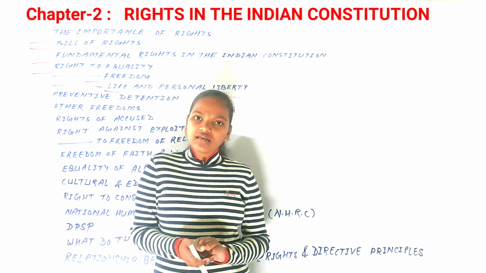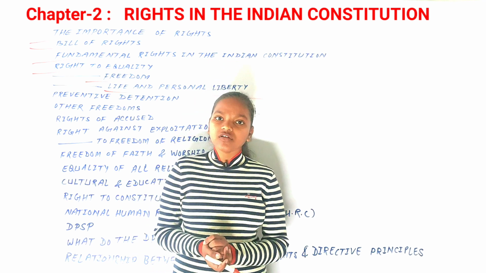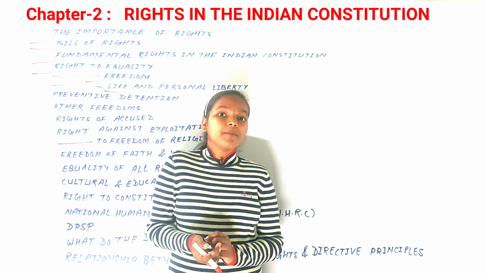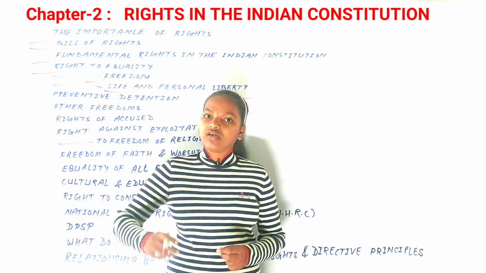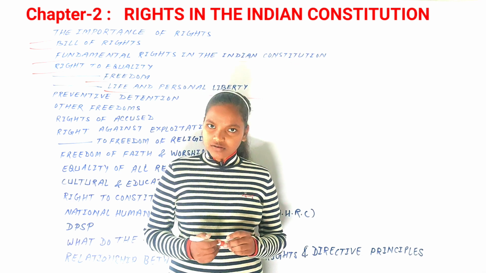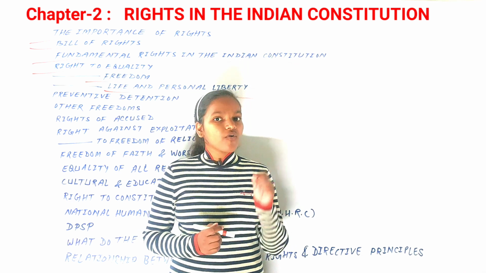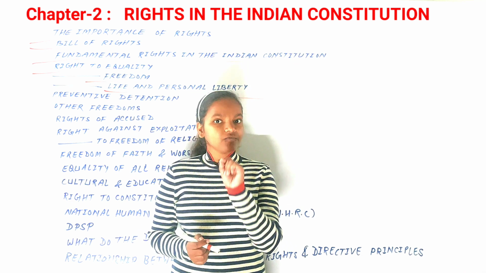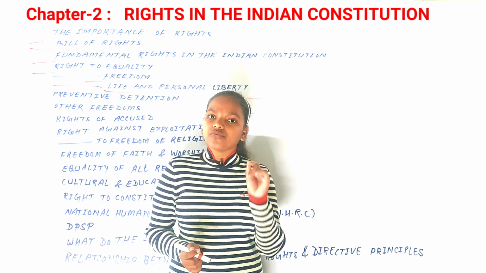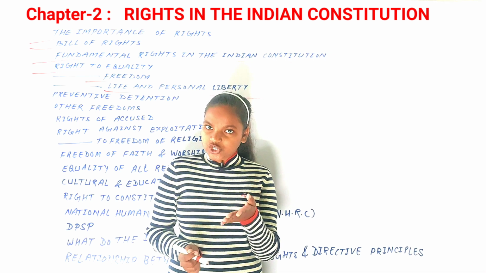Then another thing is that if we have life, what's the use of it if we don't have personal liberty? So that is why personal liberty is also given in our Constitution. This says that if you are arrested by the police, then of course you must be told the reason for your arrest. If you are detained, you must be told the reason for your detention as well.